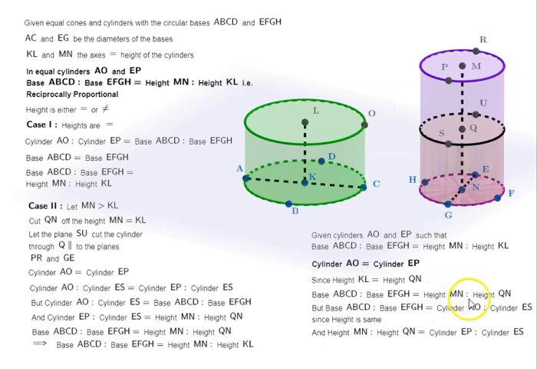And height MN is to height QN as cylinder EP is to cylinder ES. So that means we can write this proportionality: cylinder AO is to cylinder ES as cylinder EP is to cylinder ES. Which means what? Both cylinders AO and EP have the same ratio with cylinder ES. That means cylinder AO is equal to cylinder EP, which is what we had to prove.